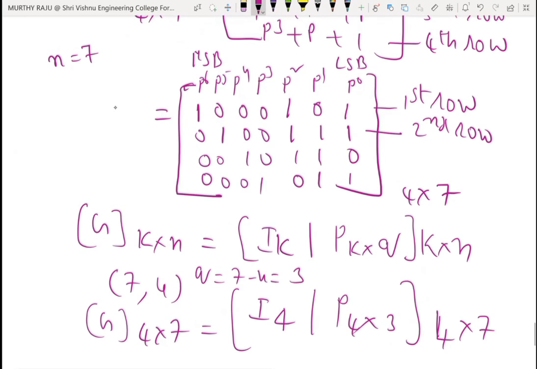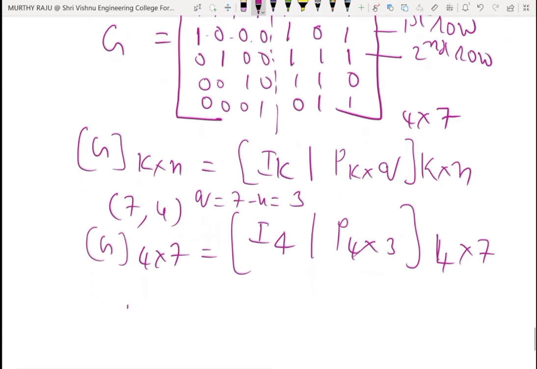This generator matrix is 1 0 0 0, 0 1 0 0, 0 0 1 0, 0 0 0 1. That means the I4 identity matrix.